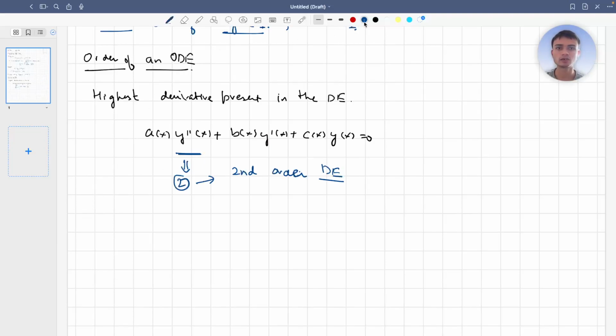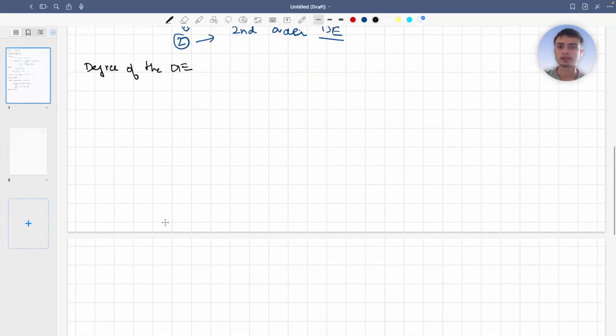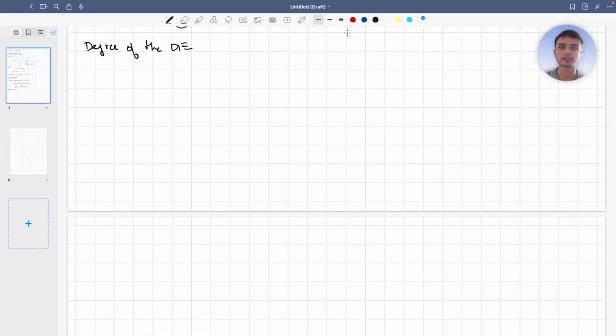And the next thing I will tell you about is the degree of the differential equation. What the degree of the differential equation means is the power of the highest derivative.